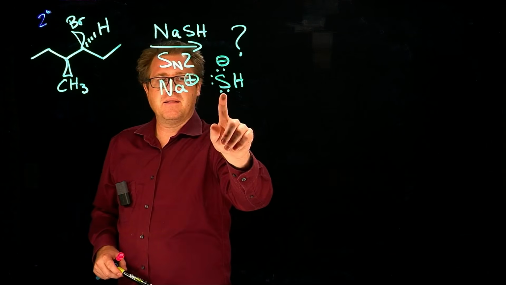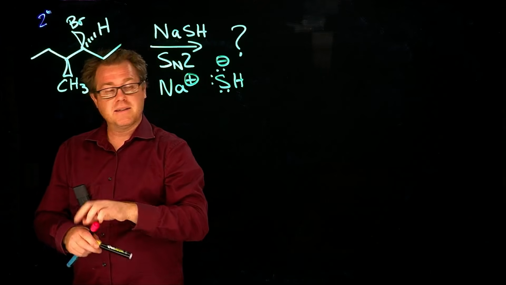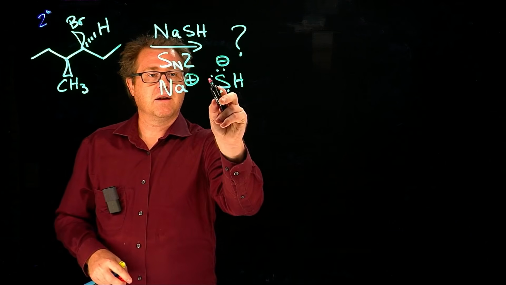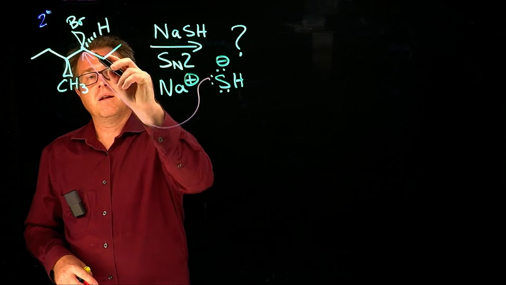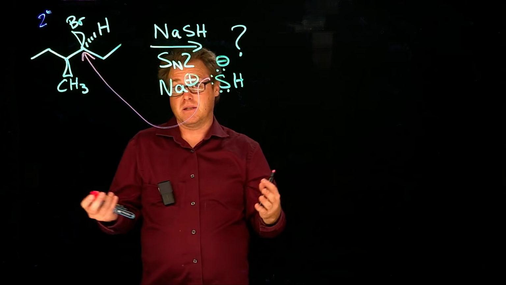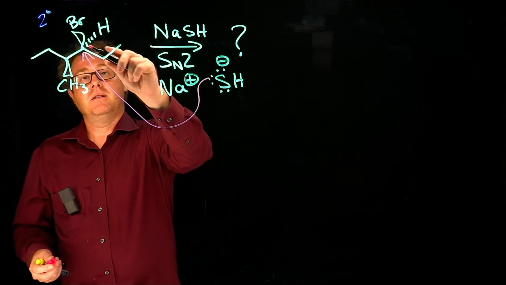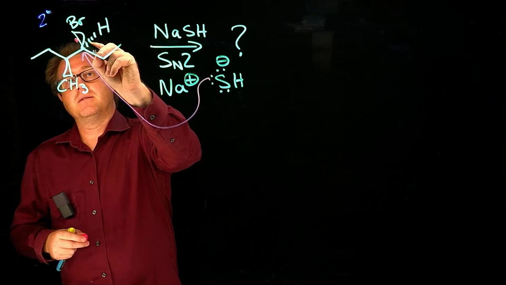And so we take this, and how does the mechanism work? Backside attack. So this has to come in. And drawing the arrows, it's impossible to show that it's coming in backside, but you know it is.